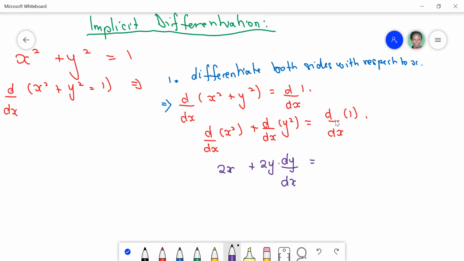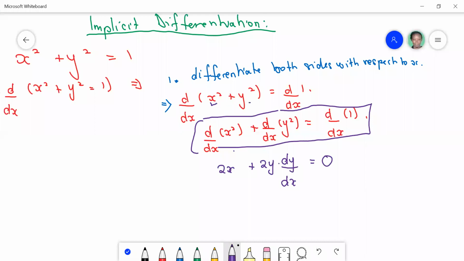This is a constant. If I differentiate a constant, it's equal to 0. So let's look at that again. You differentiate all the terms with respect to x.